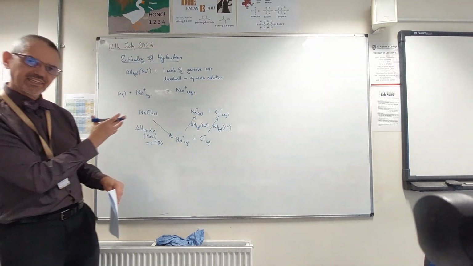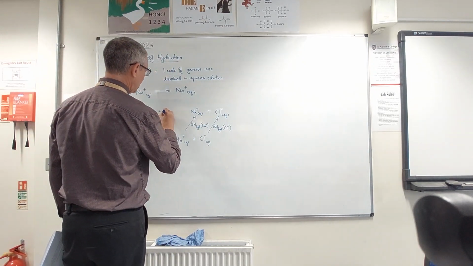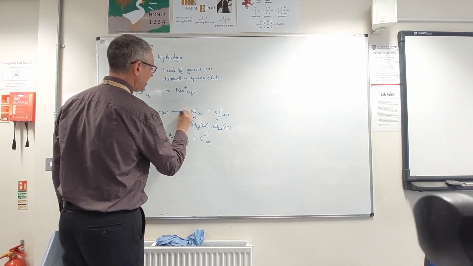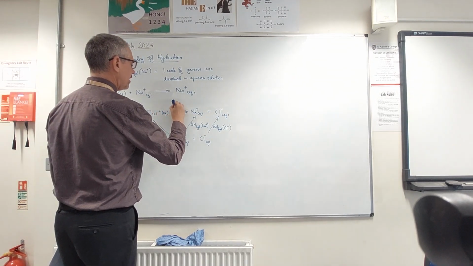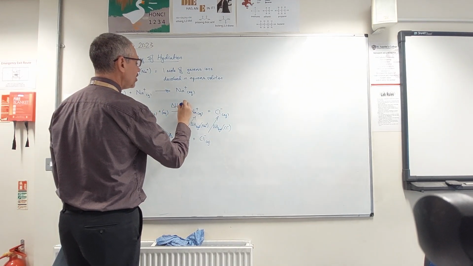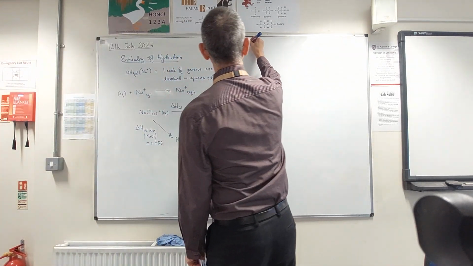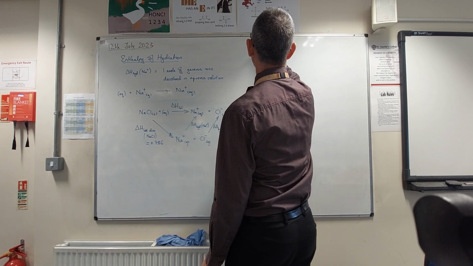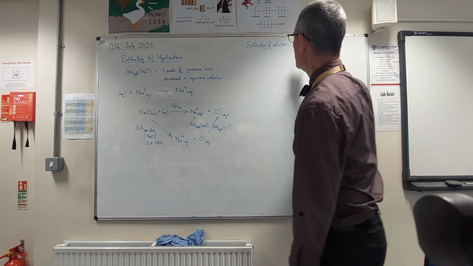And now, as you can see, it's getting a sort of familiar Hess cycle look, isn't it? Plus AQ. Here, I have the enthalpy of solution, not to be confused with hydration.